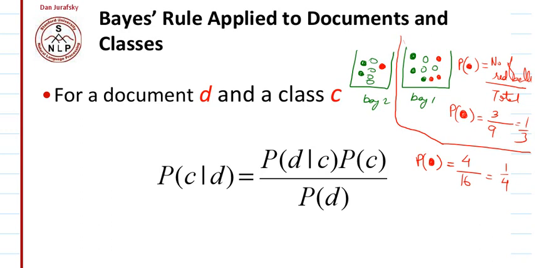But if I want to identify the probability of red balls in bag 1, I am giving the condition now: P of a red ball given bag 1. Instead of taking the whole set, I am specifying a subset, and I will look only at that subset for calculating the probability.